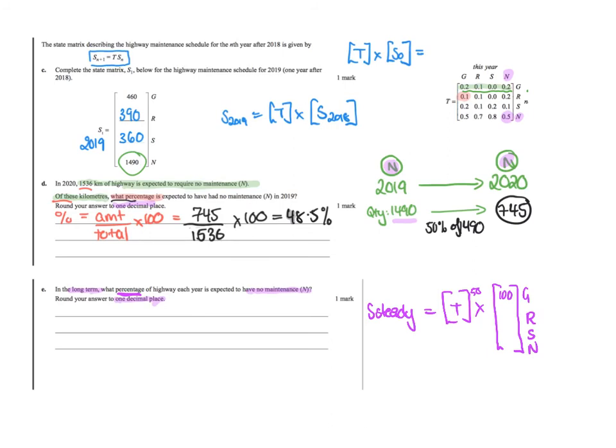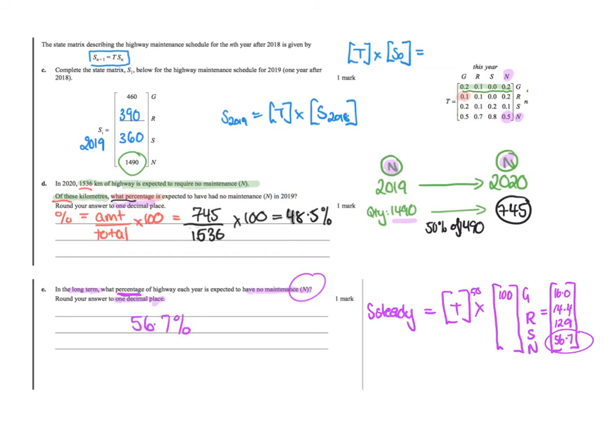So let's go do that on the calculator. Okay, so I've popped that in, and I end up with the steady state here, and it says round to 1 decimal place, so this one will be 16.0, 14.4, what's it, 12.9, and 56.7, and they wanted the no maintenance, so that's the bottom one, so I can just write 56.7%.